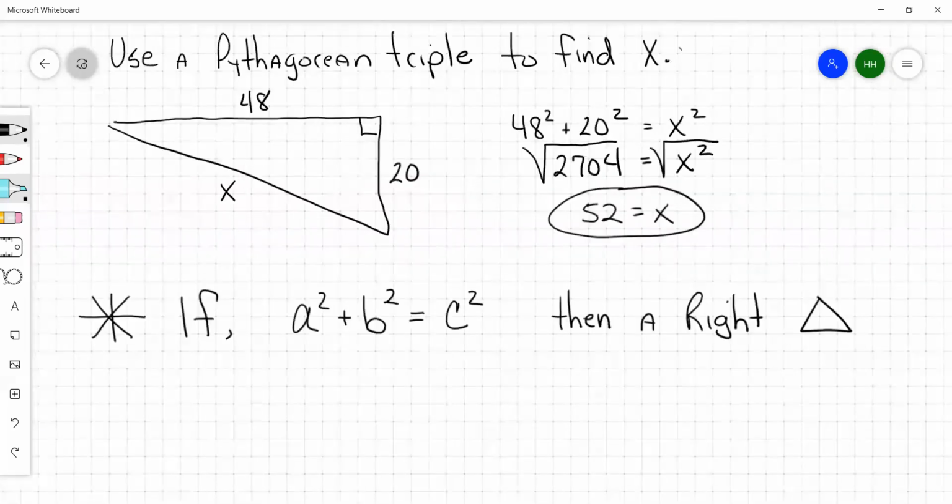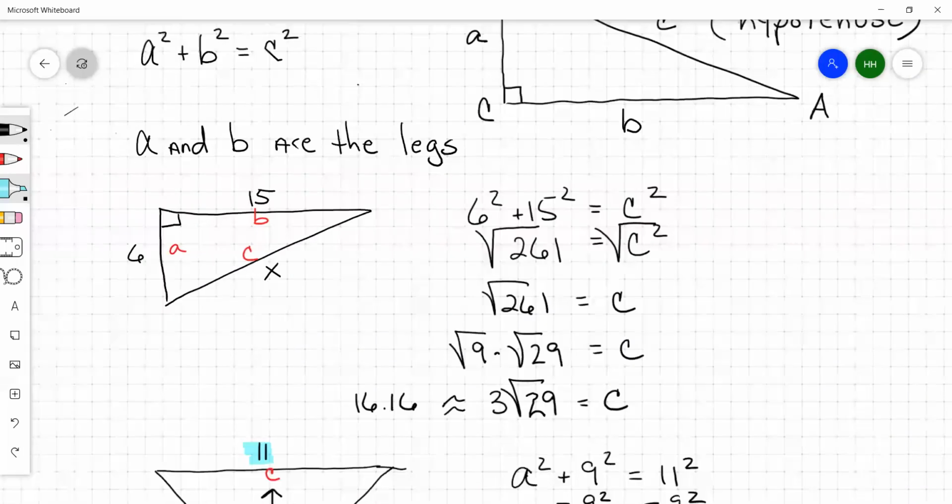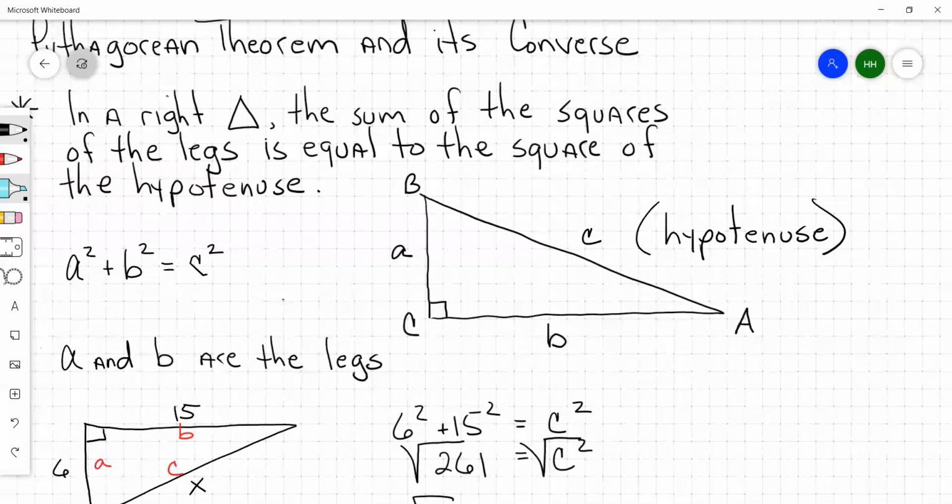Maybe go back to this part of your notes, right here where we called this hypotenuse. Longest side. Really important. The hypotenuse is always the longest side.